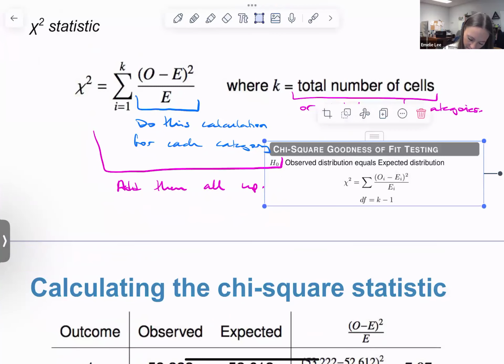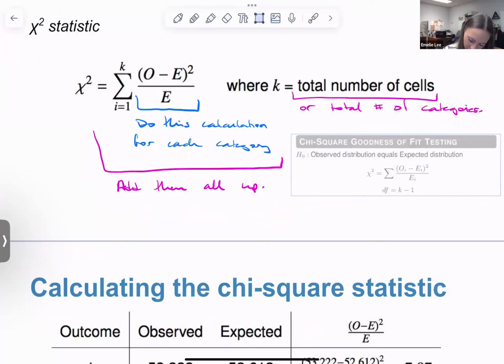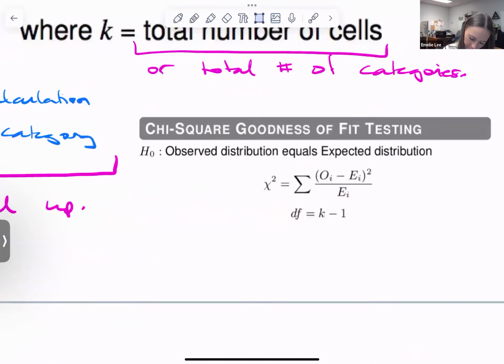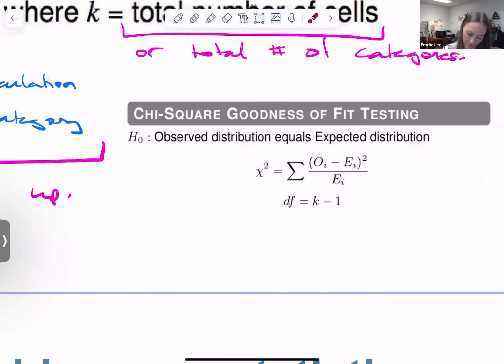I'll put it here and maybe zoom in for a bit. The chi-squared goodness of fit testing is just tiny because we're only doing a hypothesis test, and the null hypothesis is that the observed distribution equals the expected distribution.